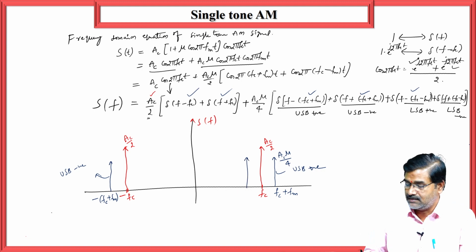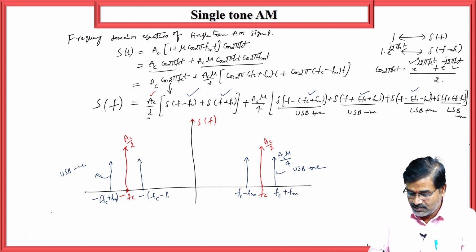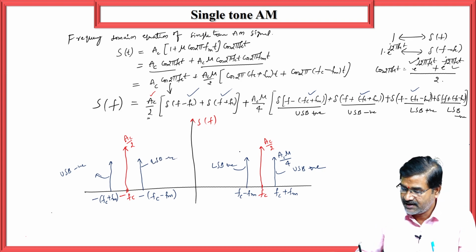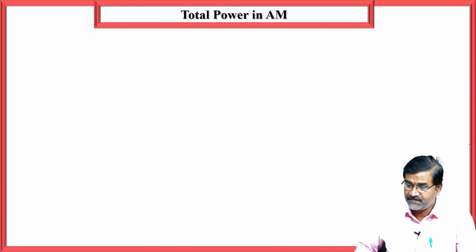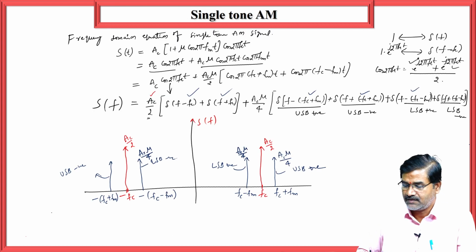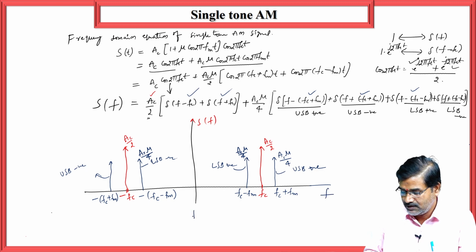Hence, I can write here this component is fc minus fm, and here similarly you'll have another component minus of fc minus fm. This we will call as LSB positive frequency component, LSB negative frequency component, and the magnitude is Ac mu by 4. So this is the frequency spectrum of a single tone AM signal.